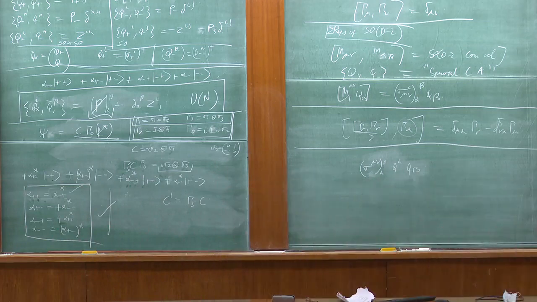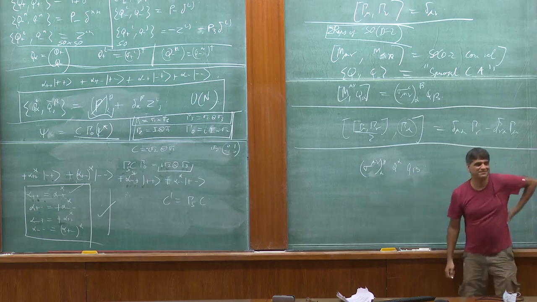Okay, so I take the generators of SO(D-2) in the spinorial representation, and I multiply them with Q alpha, Q beta like this.